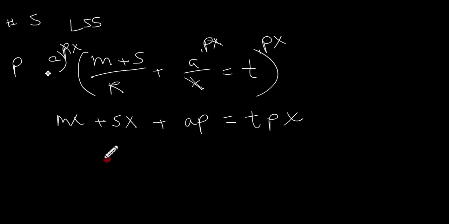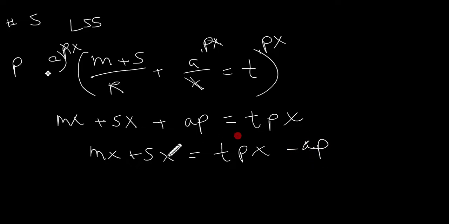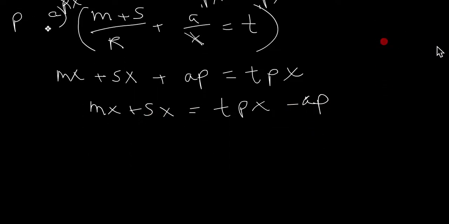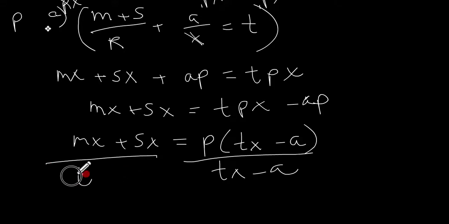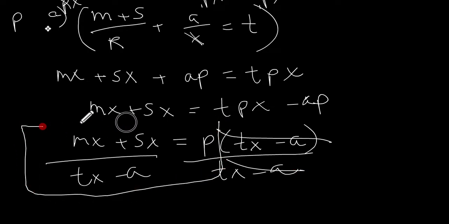We're trying to get the P's together, so I'm going to do MX plus SX, and I'm going to move the AP to the other side to get it with the other P, and we're going to subtract it from both sides. We're going to factor out a P, so we get MX plus SX equals P times TX minus A, and then you just divide both sides by TX minus A. They actually factored the X out, which you don't need to, and so this is your final answer.